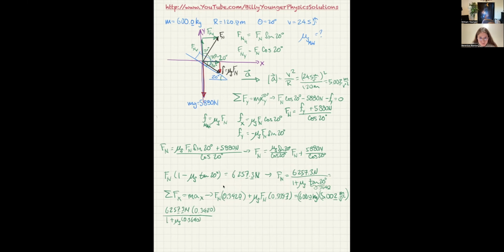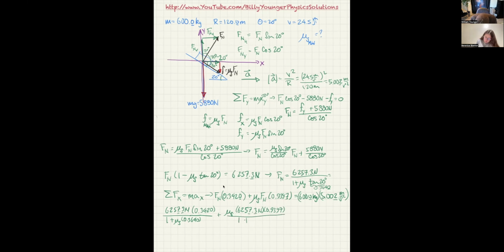Okay. And now I'm going to do the same thing with this. So I'm going to say plus mu sub s times 6257.3 newtons times 0.9397. Now, all of that has to be over what we found for the normal force.